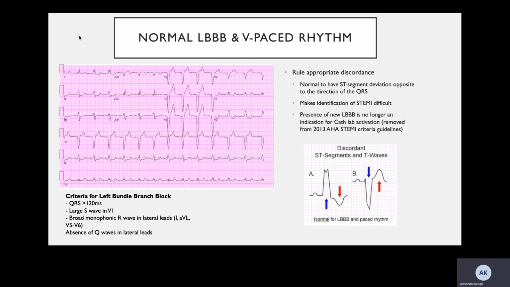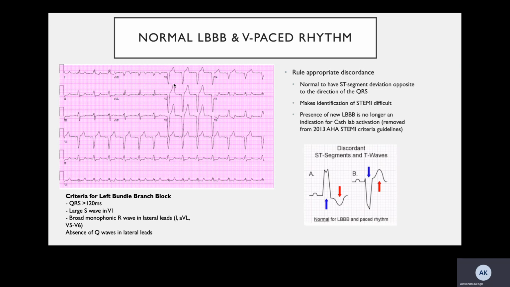So normal left bundle branch block patterns and ventricularly paced rhythms have to meet several criteria. With a left bundle, usually there's a prolonged QRS of 120 milliseconds or more.